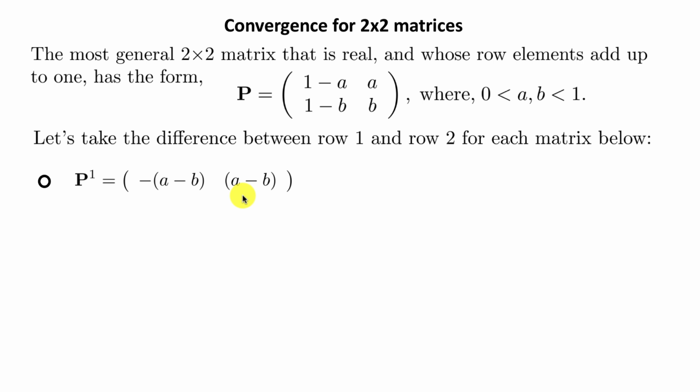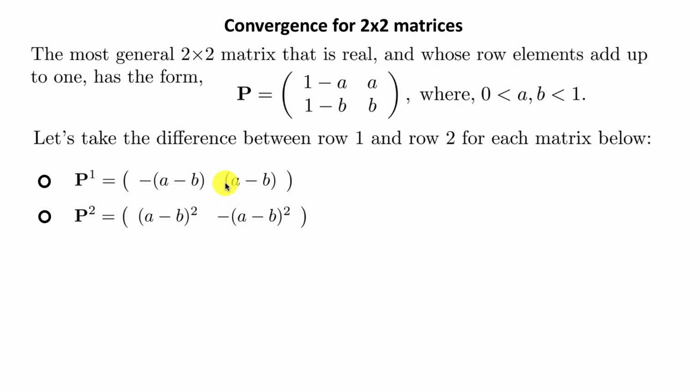Well, let's go to P squared. If I multiply P by itself and then look at the rows and take their difference, then I will get (a minus b) squared and the same thing with a negative sign.